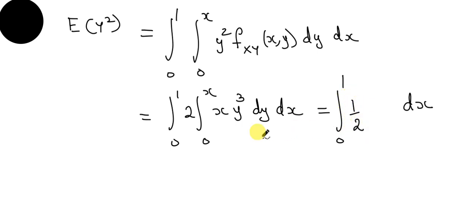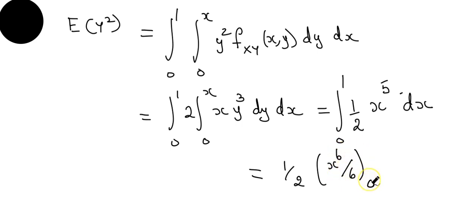I will have a half, and here I am going to have an x power 4, which gives me x power 5. So this is going to be half into x power 6 by 6 between 0 to 1, giving me the answer to be 1 by 12. So my E of y squared is 1 by 12.